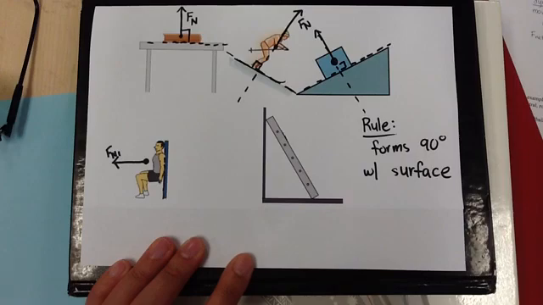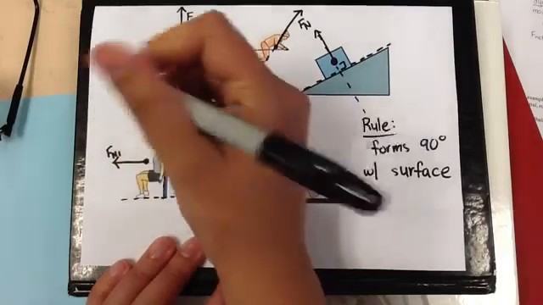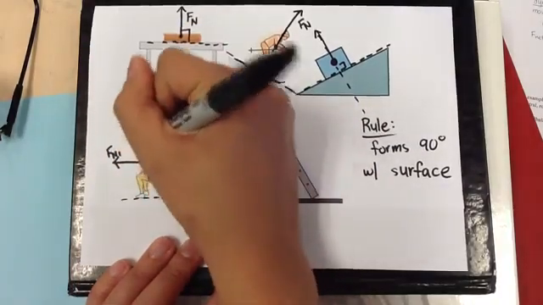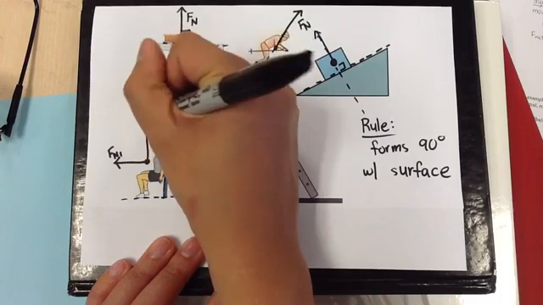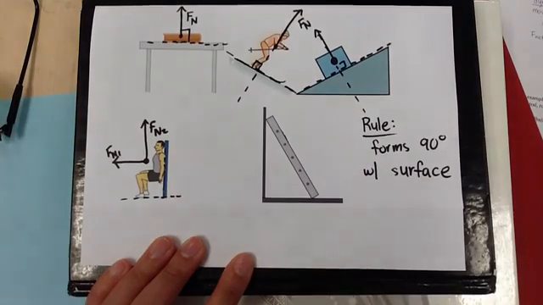Now, the other trick is that the floor isn't being shown in this picture, but the floor is pushing him up, right? So the floor pushes him up like that. He has two normal forces acting on him because he's touching two different surfaces. Same with this ladder.